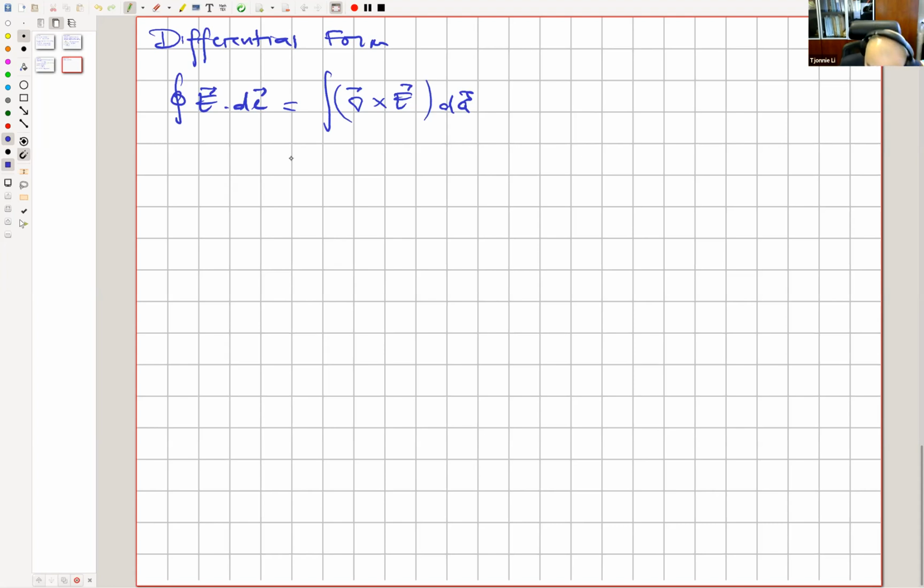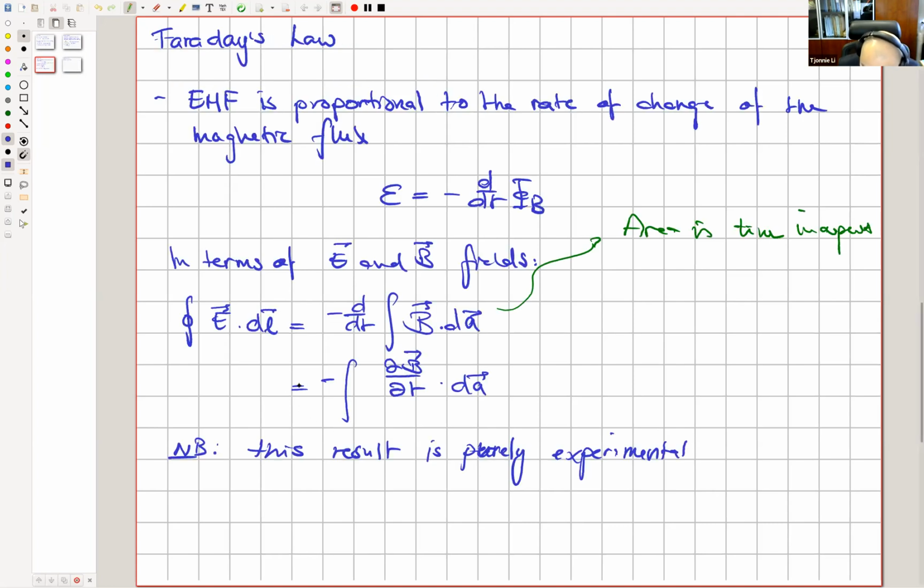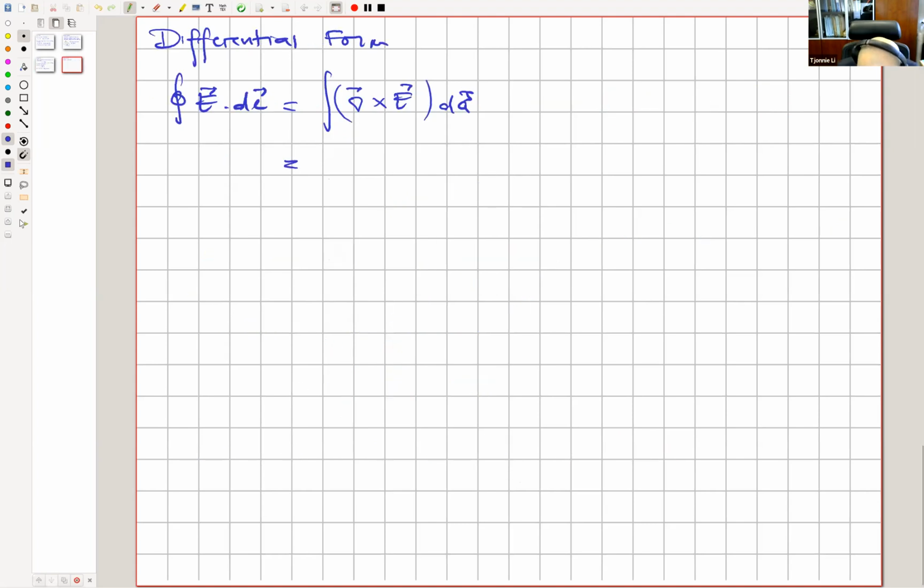But we know from this slide that this equals the negative of the integral of partial B over partial t, dA as well. So we can equate the two right-hand sides and move everything to a single side.